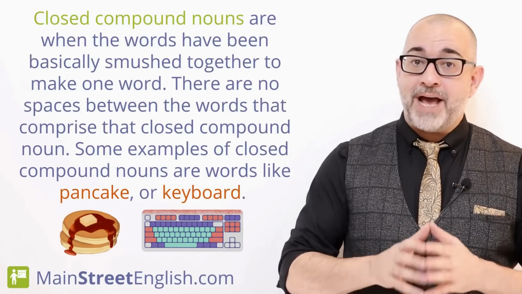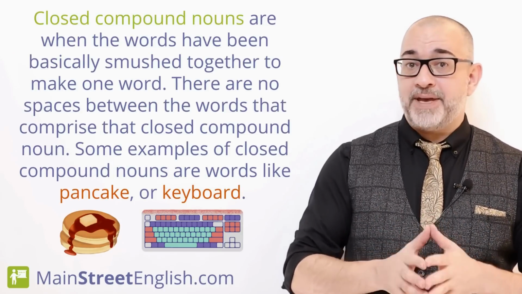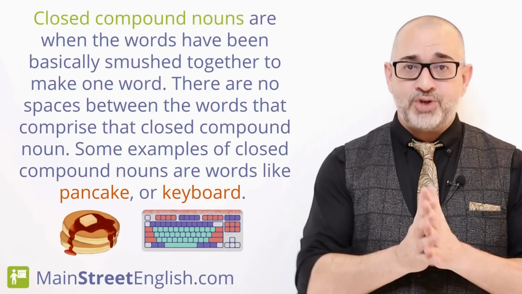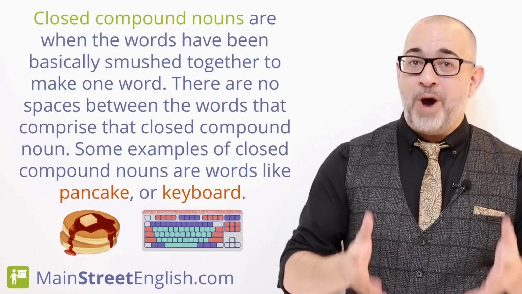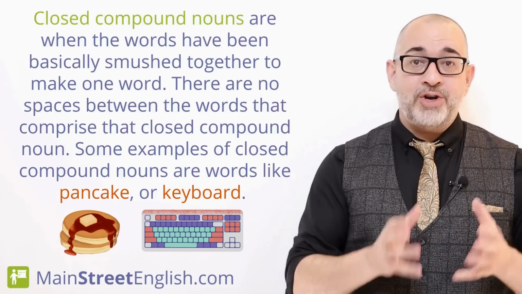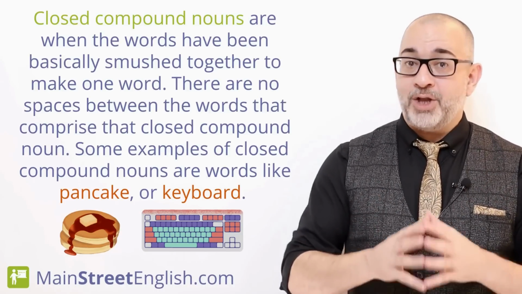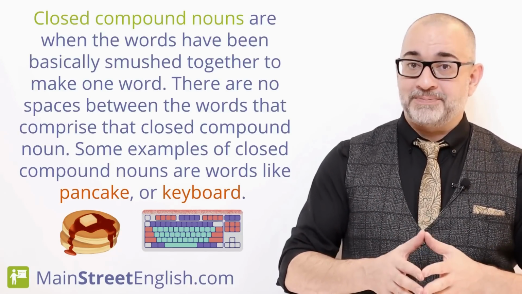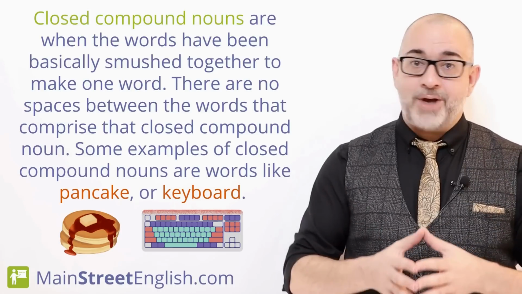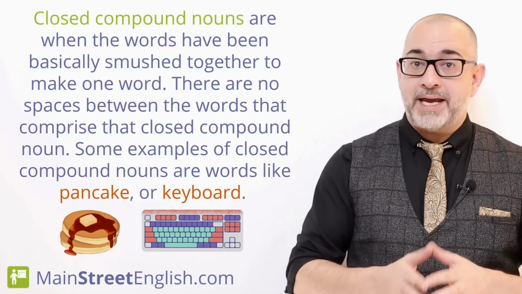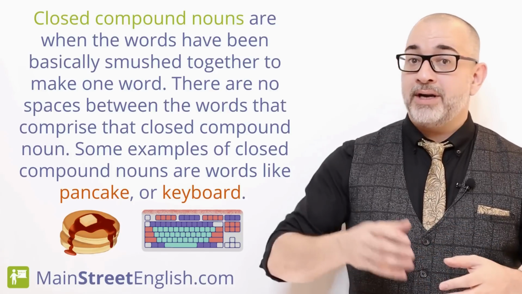Closed compound nouns are when the words have been basically smooshed together to make one word. There are no spaces between the words that comprise the closed compound noun. Some examples of closed compound nouns are words like pancake or keyboard.